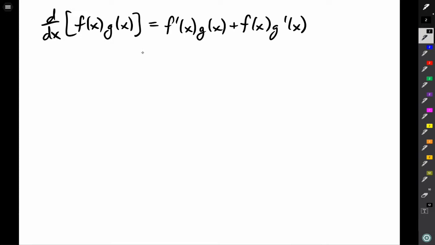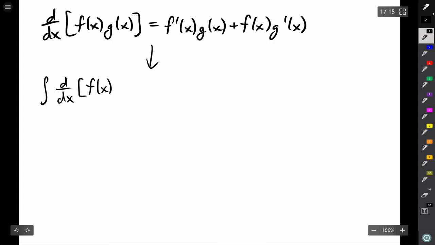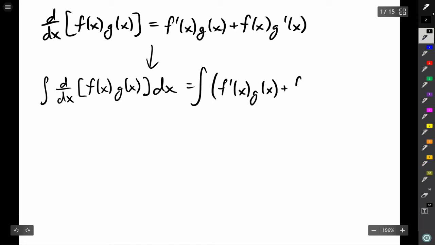Right? So we've got to integrate this whole right side here, f prime of x, g of x, plus f of x, g prime of x, dx.